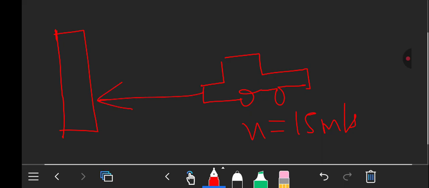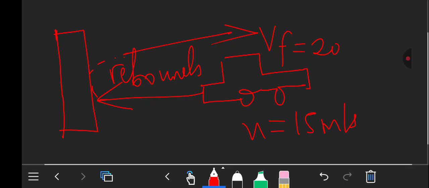Then it accidentally hits a wall and rebounds. To rebound means that it hits, then it is pushed backward. Then after it rebounds, the final velocity is 20 meters per second.